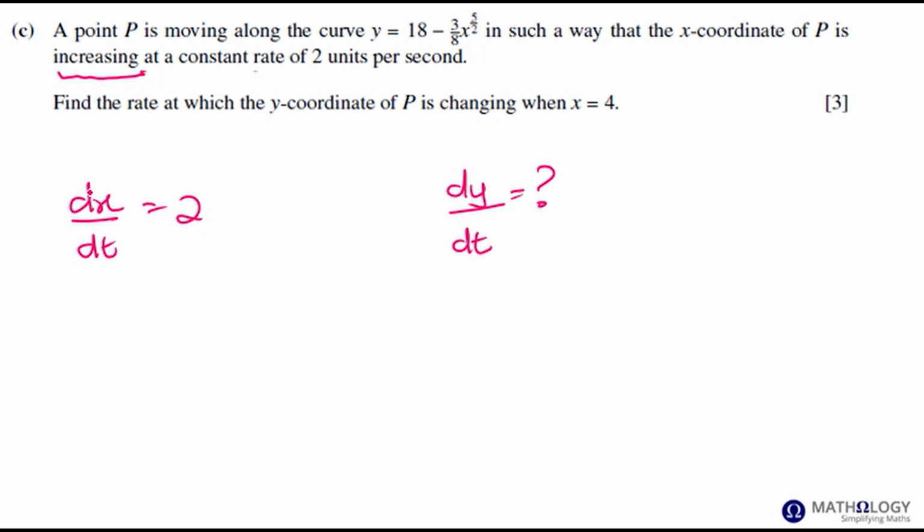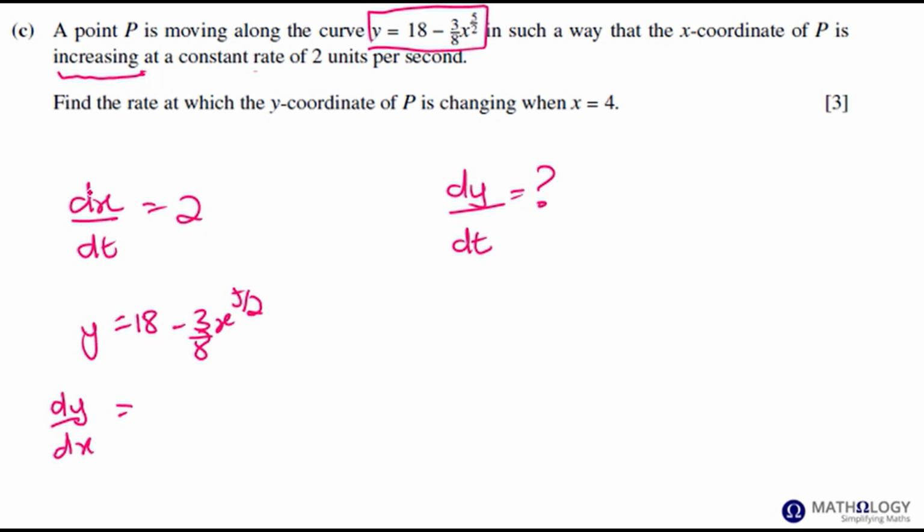We now need a differential that relates dy/dt to dx/dt, and that comes from the curve itself. So y equals 18 minus 3/8 x to the 5/2. The differential we get from this is dy/dx, which will relate dx/dt and dy/dt. So the first thing we do is differentiate to get dy/dx.